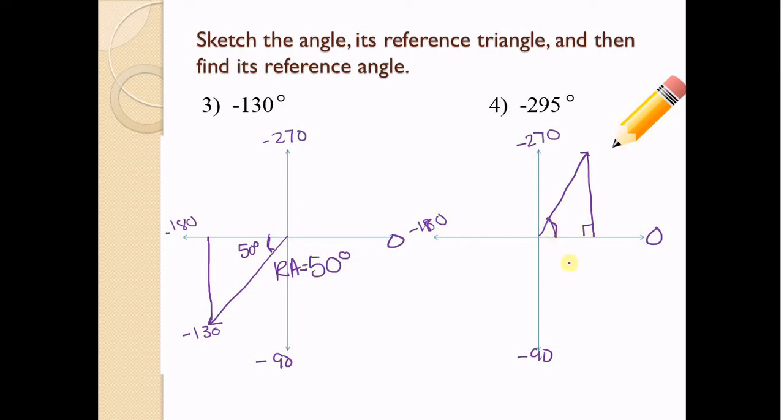What is my reference angle right here? How many degrees? Oh, I can't ask about 295 to 270, right? That's not what I'm covering. I'm covering 295 to 360. So how many degrees are between 360 and 295? If I subtract the two, I get 65 degrees.